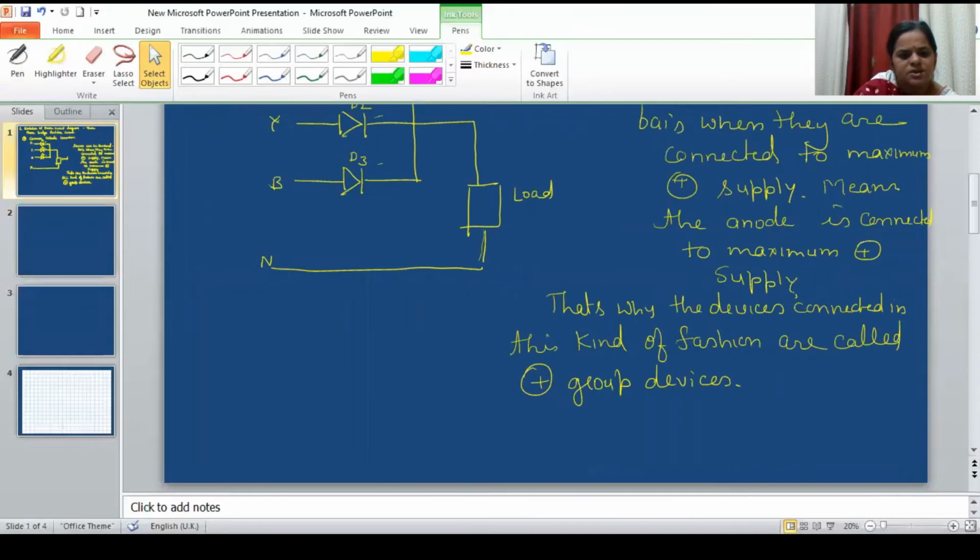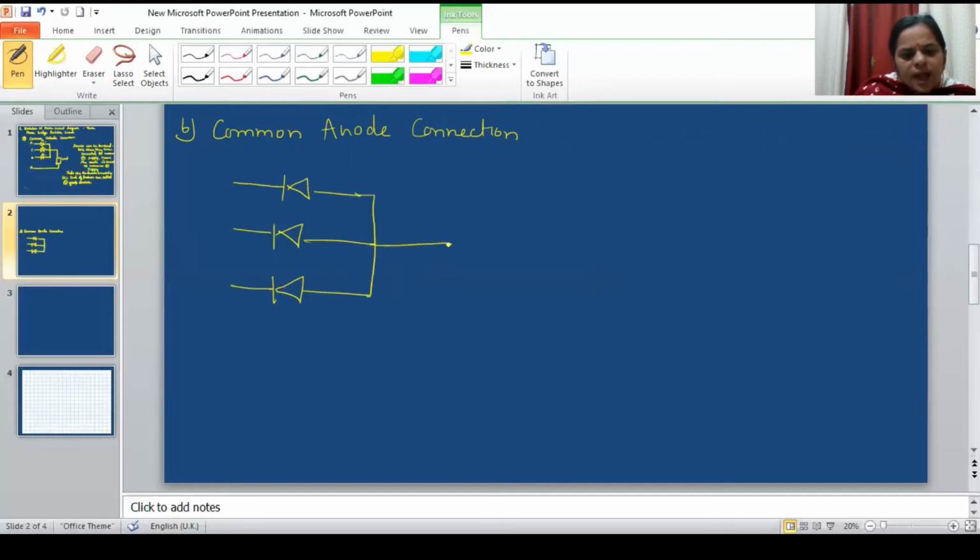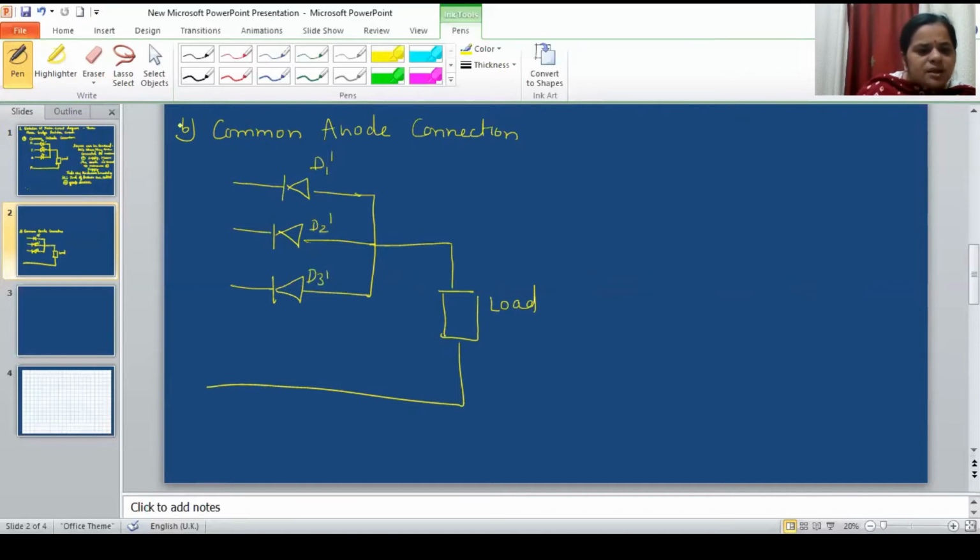Now let us talk about the second thing, that is the common anode connection. If we connect the devices like this and short circuit the anodes of the devices, this is the load. Suppose this is D1 dash, D2 dash, D3 dash, and this is the three-phase AC supply.